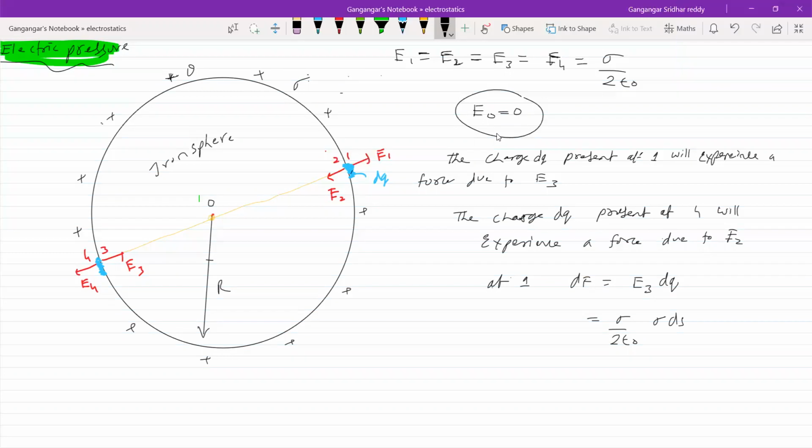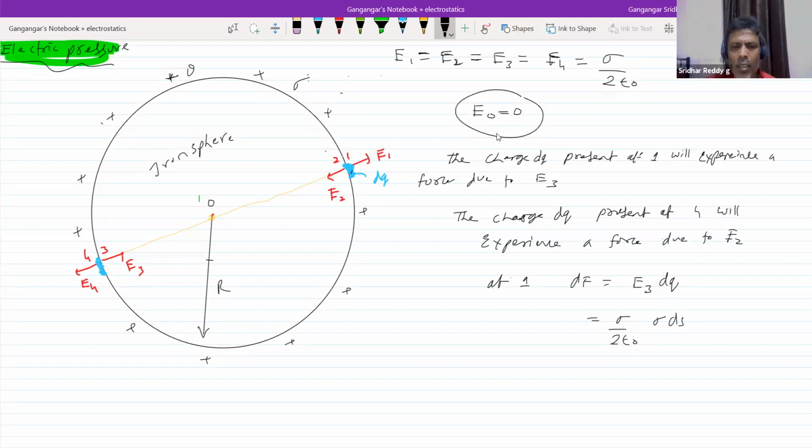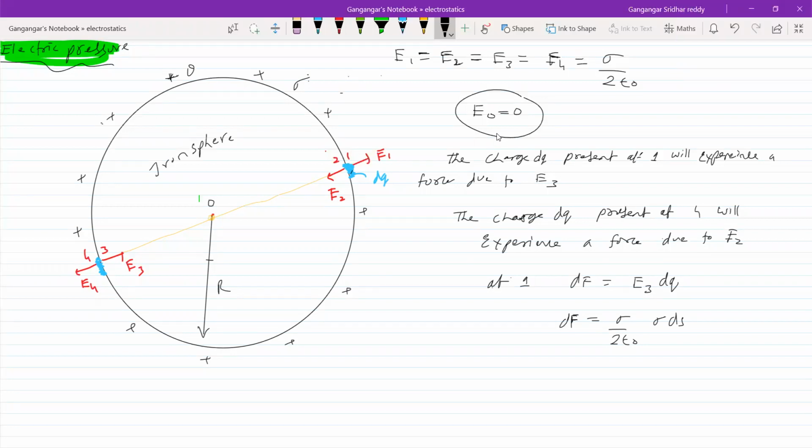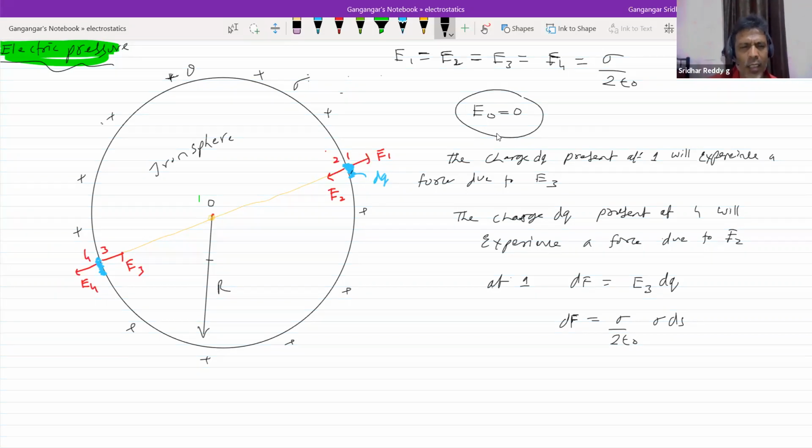So finally, how did you get sigma by 2 epsilon naught? What is the electric field due to a conducting sheet, due to each face? Sigma by 2 epsilon naught, no? But that is just a large plane sheet, no sir. This is also a large plane sheet only. What do you mean by large plane sheet? It will not have ends, no?